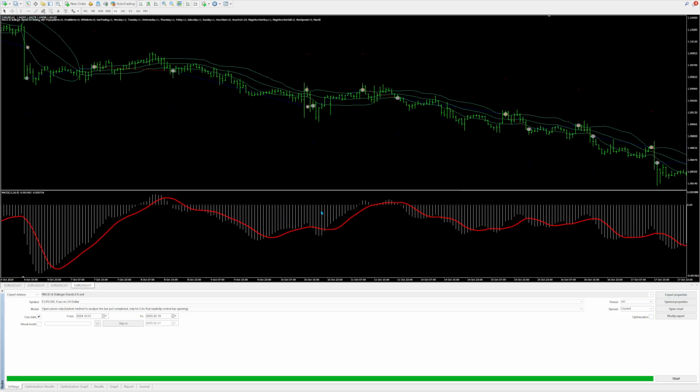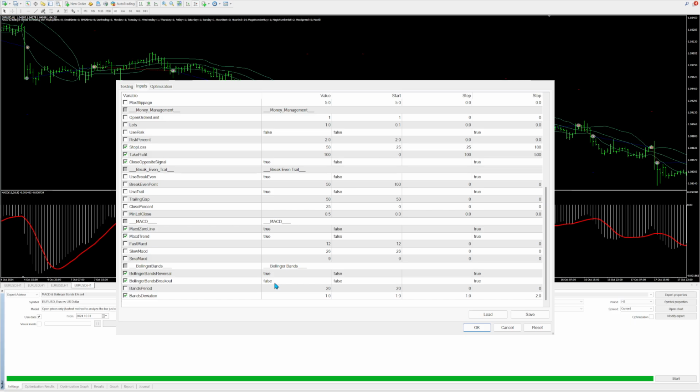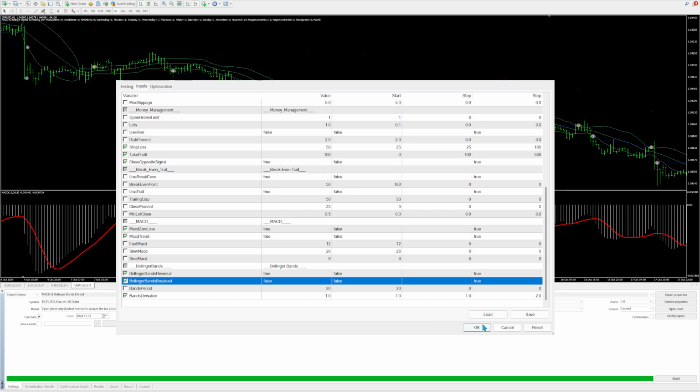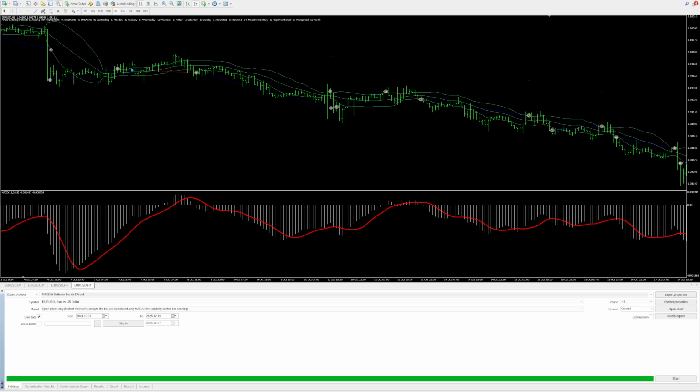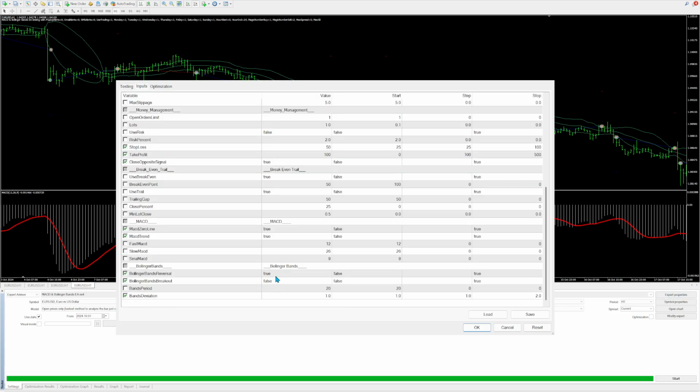Okay, and for the Bollinger Bands breakout, it just does the opposite. So if price moves above the upper band, it would be a buy trade rather than a reversal sell trade. If price breaks out below the lower band, it will be a sell trade rather than a reversal buy trade. Okay, so you can just choose between a reversal or breakout on the bands.